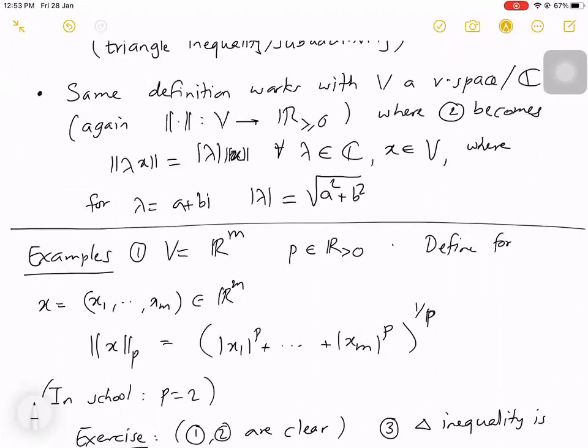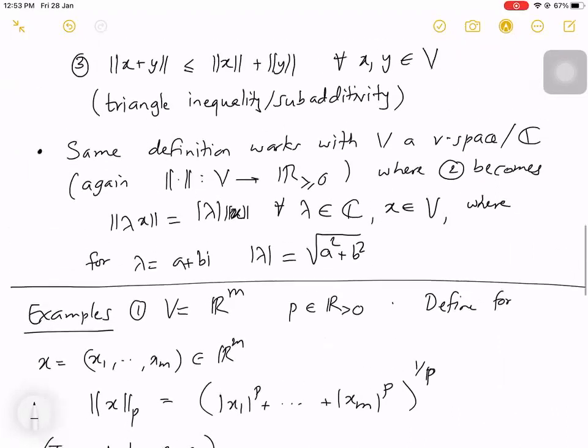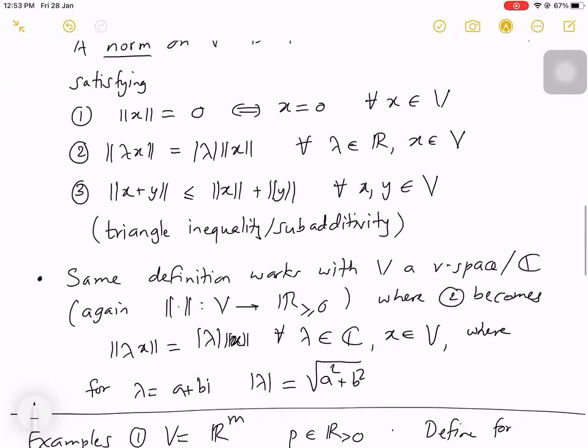This amounts to showing that the norm of a vector v and of minus v are the same. Is that clear from the definition? Yes, sir. Sir, if we can show that the norm of v is the same as the norm of minus v, then we are done. Correct, right. But why is it true that the norm of v is the same as the norm of minus v?